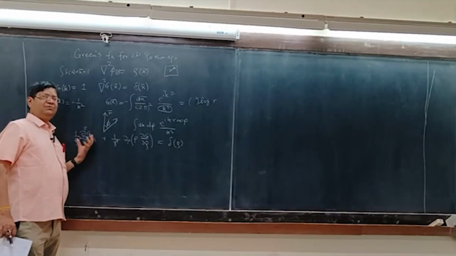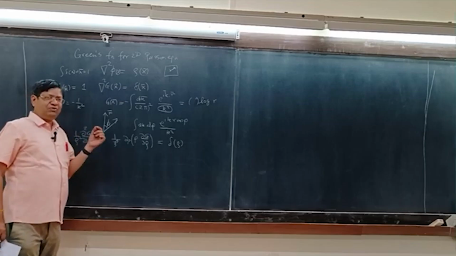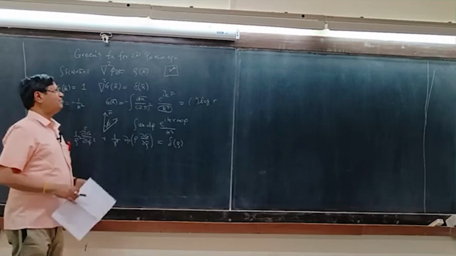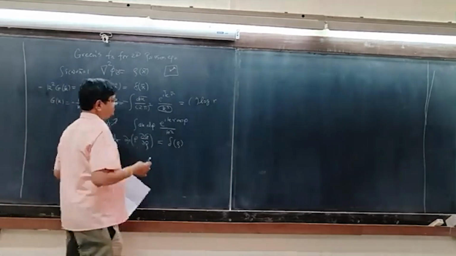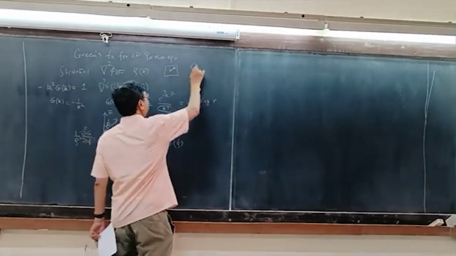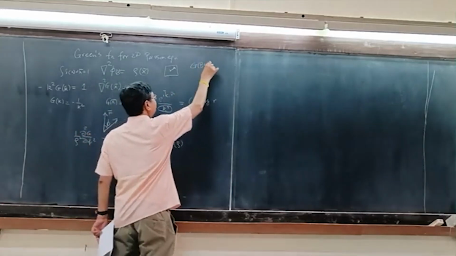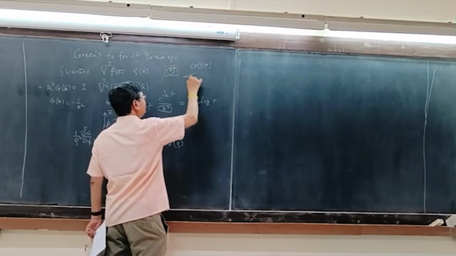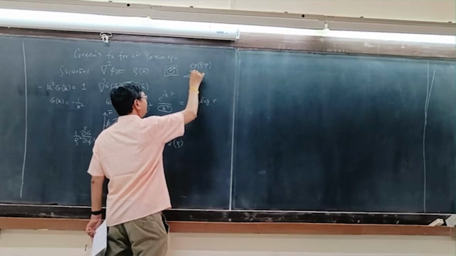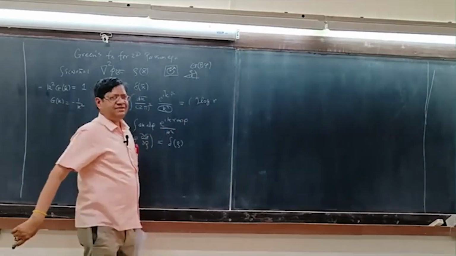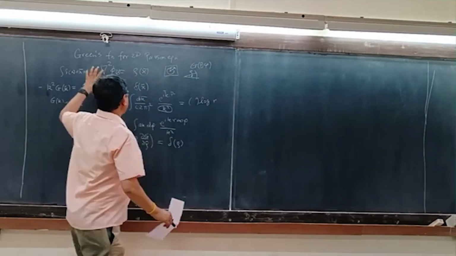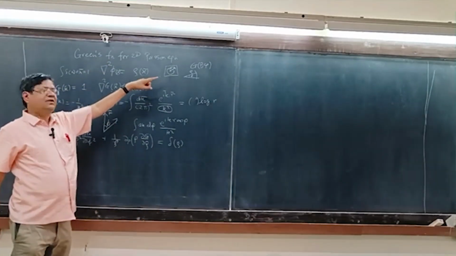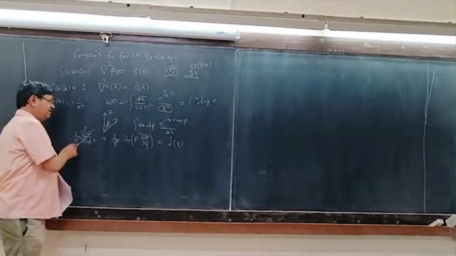So only the m equal to 0 mode, the azimuthal symmetry, contributes. In general the Green's function is a function of rho and phi, where phi is that angle, but for this problem, because of azimuthal symmetry, the phi part is gone.